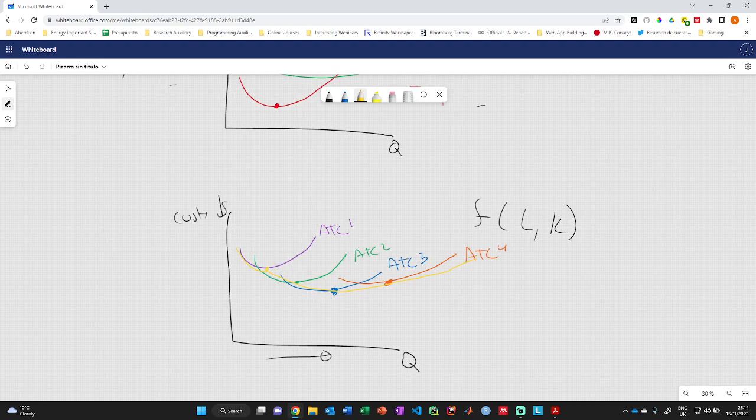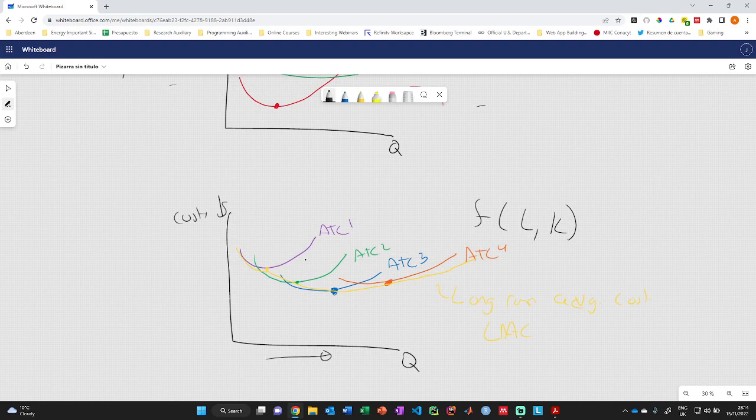It's going through 1, 2, 3, 4 minimum points, and it's crossing all these minimum points. This is called the long run average cost curve. Or in your book, you will see it as long run LRAC. And this line, the yellow one, is your average cost curve. And this is what will be the cost curve in the long run.